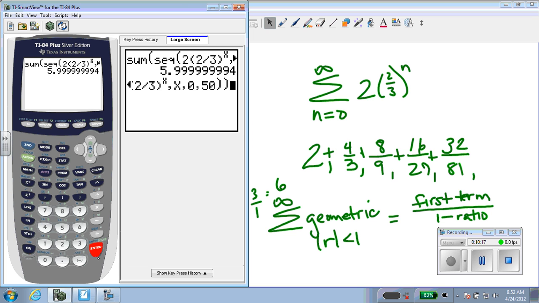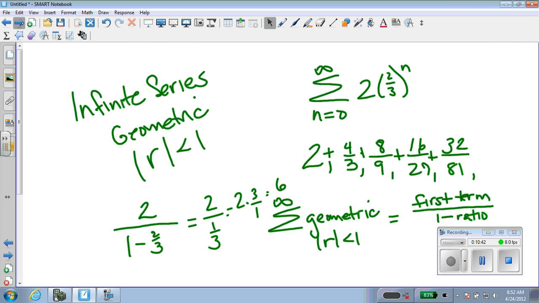Then if I actually start bumping this thing up, let's do the first 60 terms. The calculator actually got fooled because there were enough 9s streaming across there to say that it is 6. But that's more of a tricky way to do it.